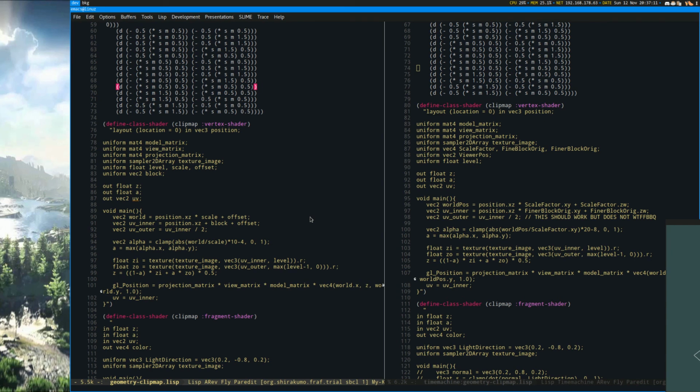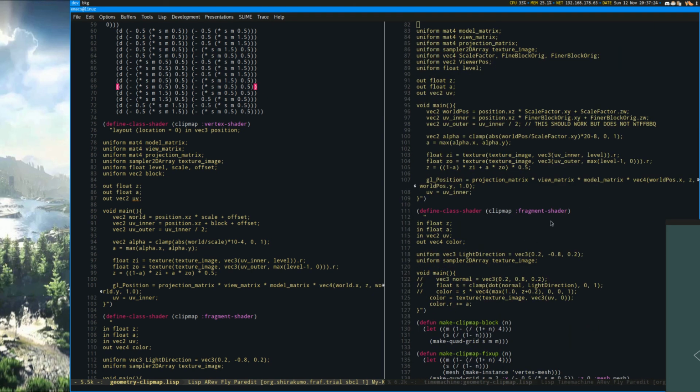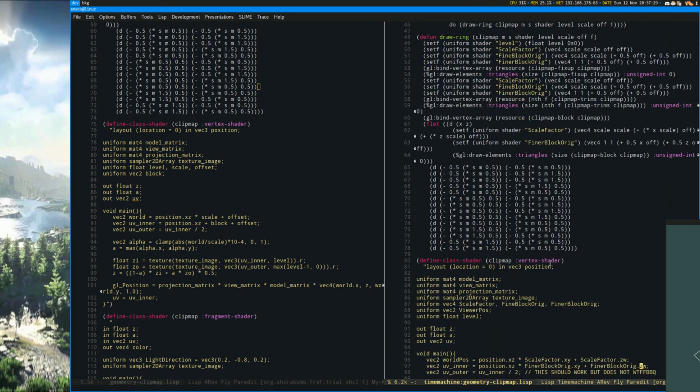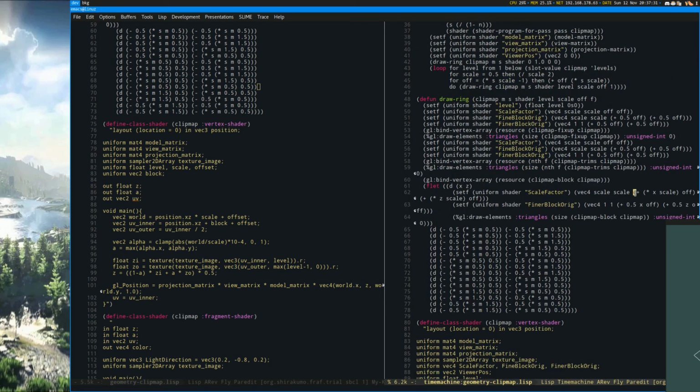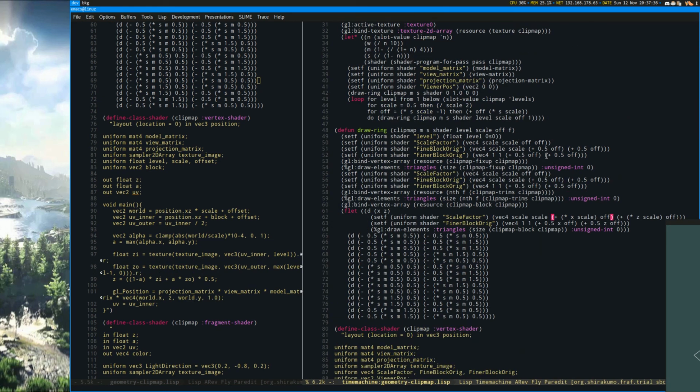So let me think about this again. Scale factor was always, in its upper bounds, it was always scale. So that can be gotten rid of by just scale. Then the ZW. The CW was this and 0.5 the offset. So if X and Z were 0 up here, that could be eliminated.